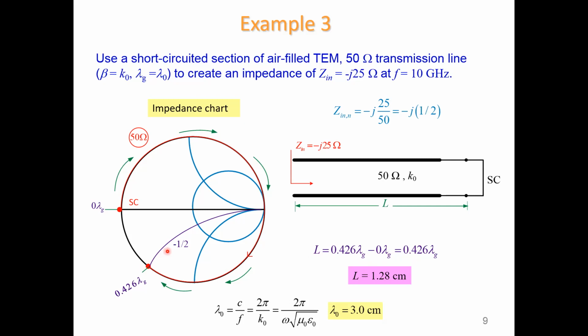Okay, minus half point. This is your half point, this one, and this distance is your length, which is 1.28 centimeter. And lambda equals c by f, which is equal to 3 centimeter. Wavelength. That is your wavelength.